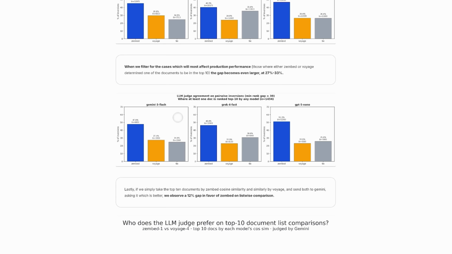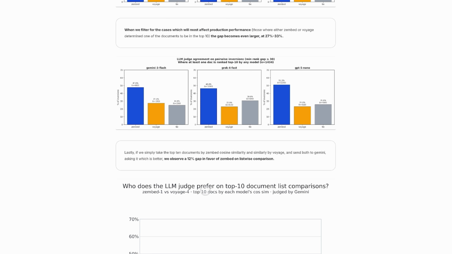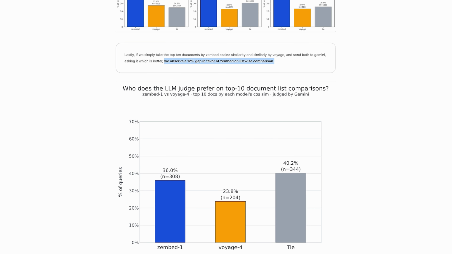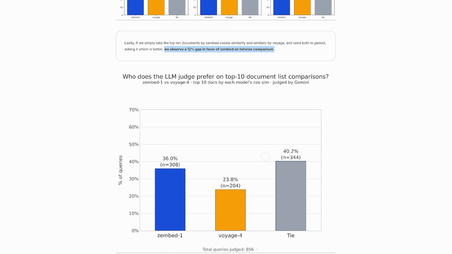We asked multiple models, Gemini, Grok, and GPT, to decide on a side, to decide which embedding model they think is correct. We see a pretty large gap between Zembed and Voyage, where the LLMs tend to agree with Zembed more than they agree with Voyage. And on a listwise comparison, we also see a pretty significant difference, with more LLMs preferring Zembed over Voyage 4.